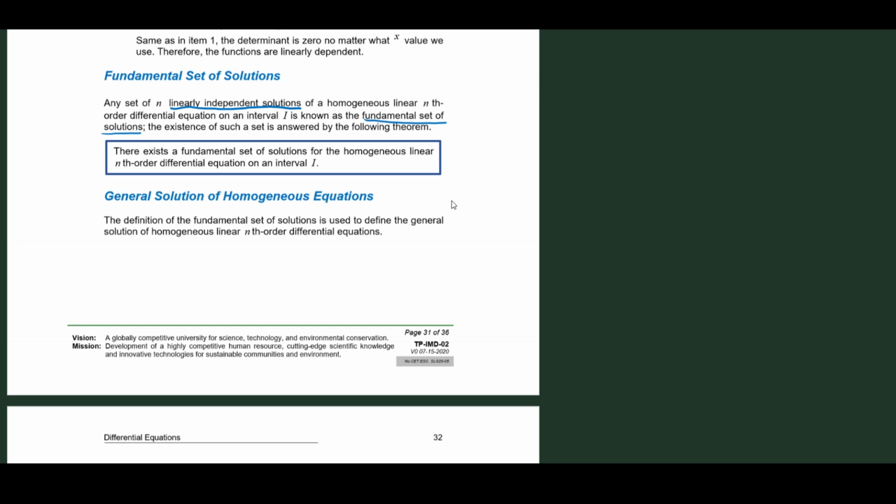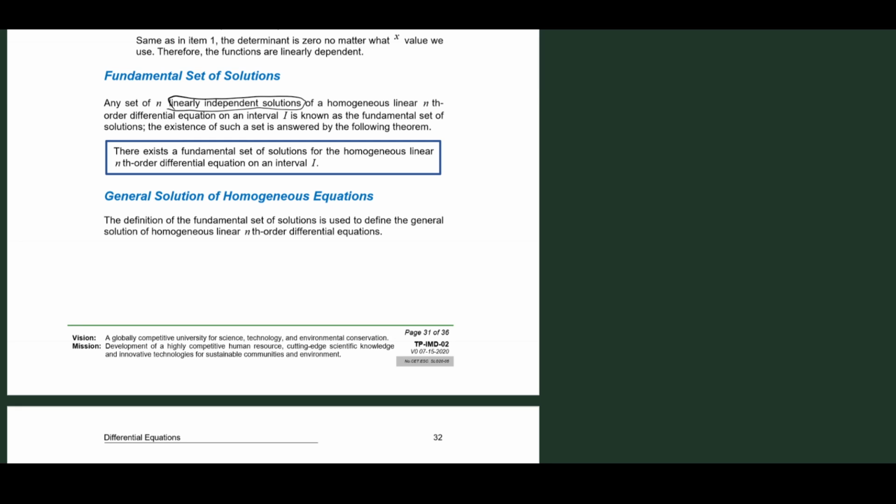There's a theorem which states that there exists a fundamental set of solutions for the homogeneous linear nth order differential equation on an interval I. So as you can see here, it is important to determine if the solutions are linearly independent.